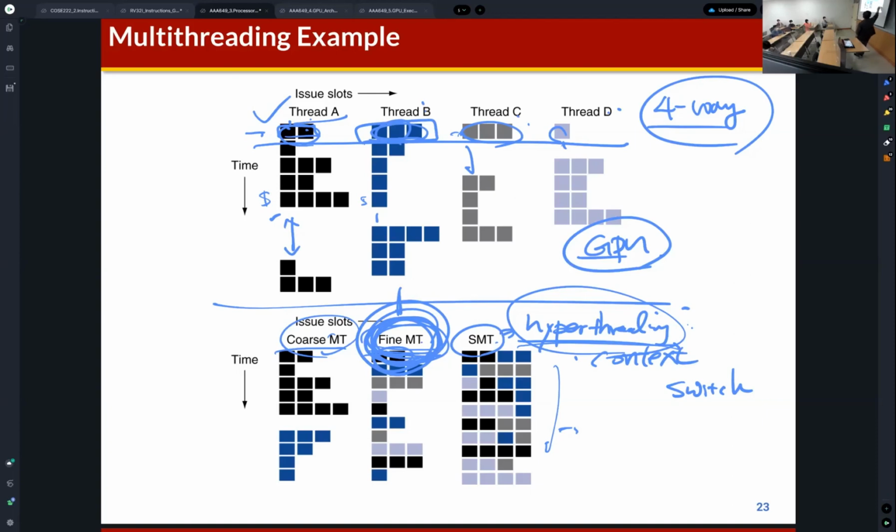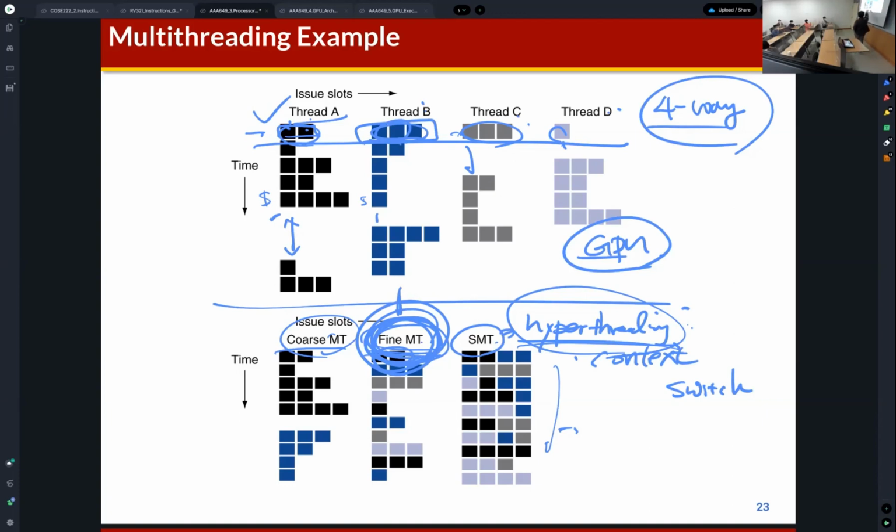Like A equals 1, B equals 2, and C equals A plus B. Every variable is dependent on the others. So the problem is that if a thread encounters a cache miss, you cannot find available instructions in the thread.